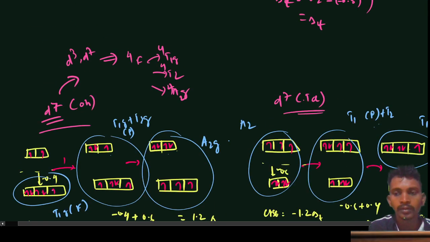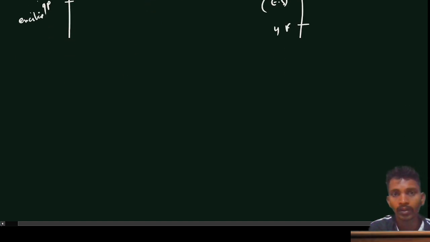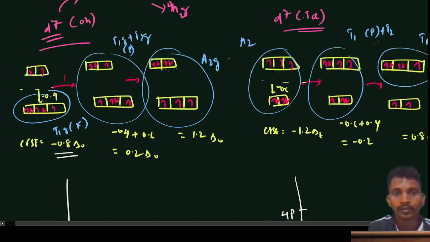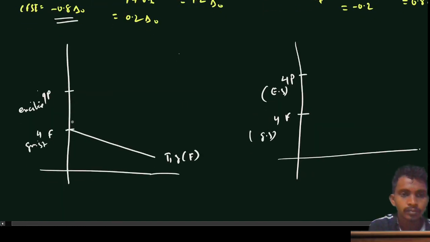then T1g F, then this will be the T1g and T2g, because T1g and T2g always come together. Then T1g and T2g, T1g, this is F plus T2g.